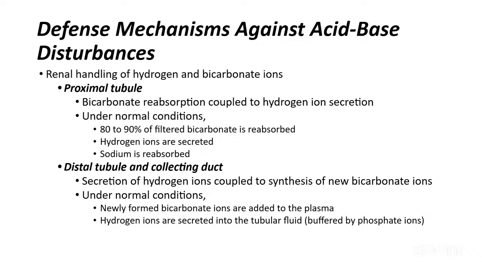That's going to be coupled with a different way of getting bicarbonate into the blood, which is that we're going to make bicarbonate in these cells. Then we're going to take that bicarbonate that we make in the cells and move it into our bloodstream. So we're going to synthesize, or make, new bicarbonate ions, putting them into the plasma here. We'll take a look at what that looks like.